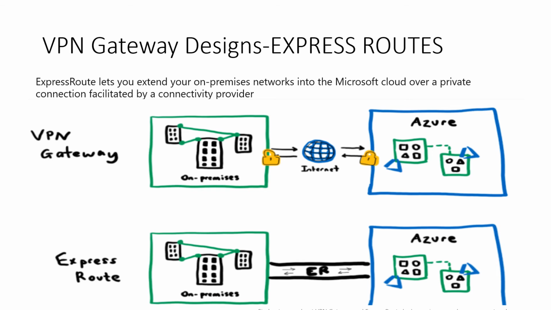But if you want to further secure your network traffic between your on-prem network and Azure, or you want more speed between your different company locations, then you have the option to go with ExpressRoute.